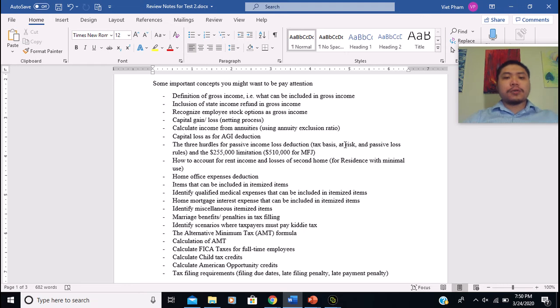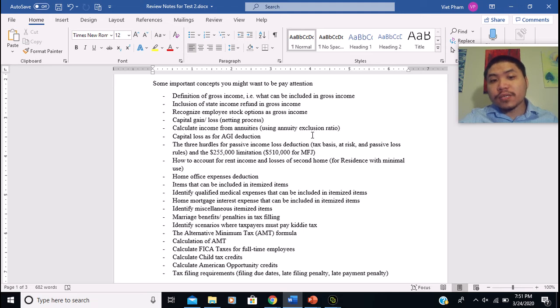Okay. All right. So the next item is: make sure that you know how to calculate the income from annuities, right? Especially using the annuity exclusion ratio. When someone buys an annuity investment, every year this person is going to receive an amount of annuity.